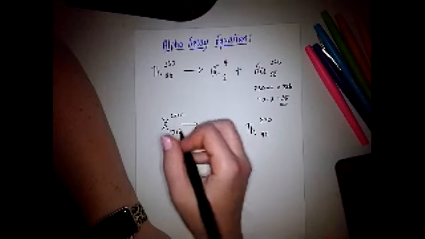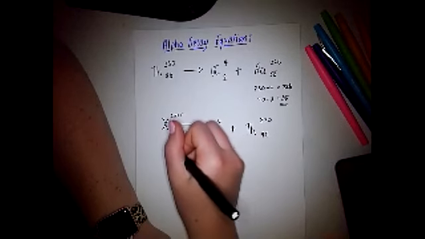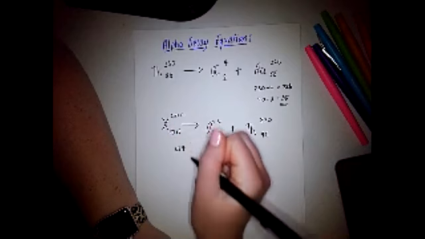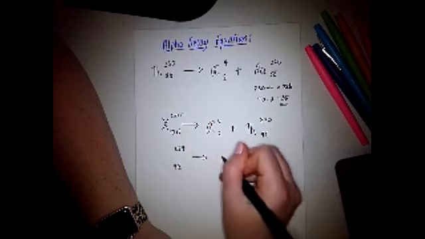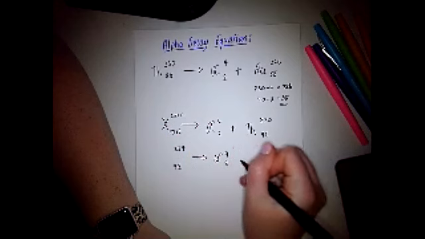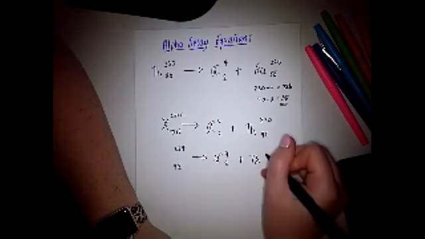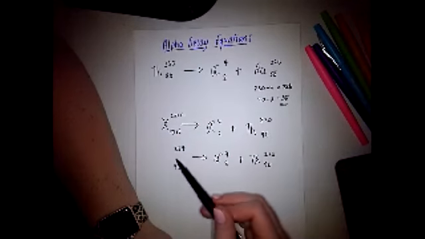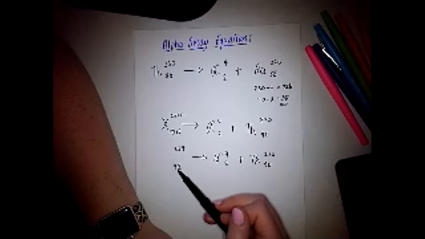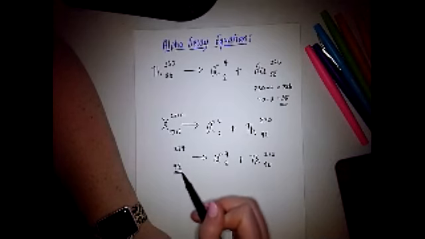So we've now got an element that has a mass of 234 and a proton number of 92. Let's write the rest of the equation in to keep it nice and neat and consistent. So we've got 234 mass, 92 atomic number. I'm going to focus again on the 92.